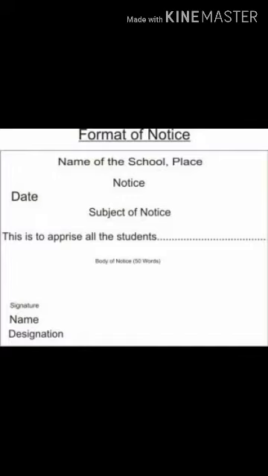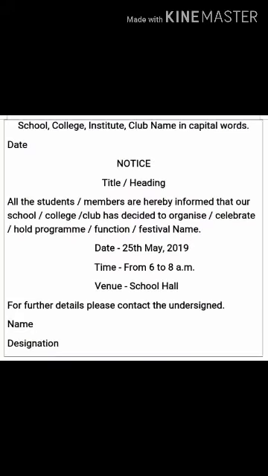So this is the format I explained to you: in a box, the name of the school, place, and don't put a comma, no punctuation mark will be inserted, then notice and so on. This is what I want to show you: in capital letters you have to write the name of the organization, that is school, college, institute, club name, whatever the organization is.